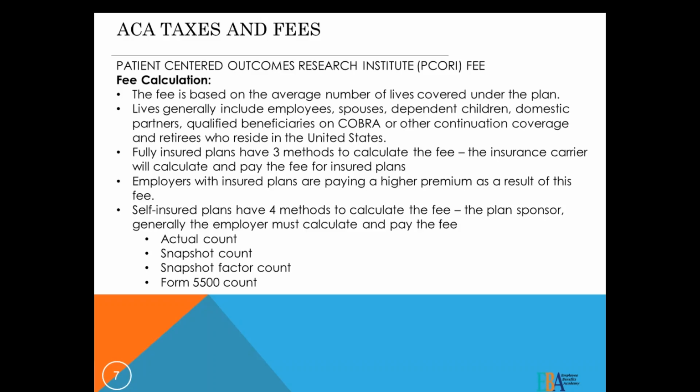Employers with self-insured plans, including non-HIPAA excepted health FSAs and HRAs, have 4 methods to calculate the fee. And employers can choose the method that is best for them. The methods are actual count, snapshot count, snapshot factor count, and the Form 5500. We'll go over each one of these methods in detail today.